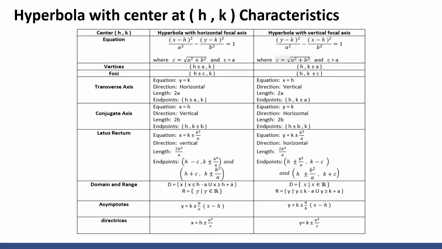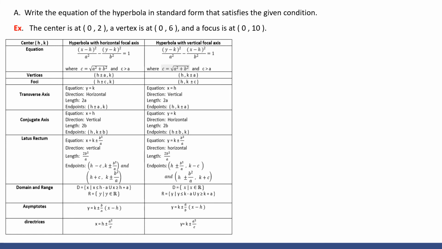At susundan lang ulit natin itong mga nakasulat dito for us to easily solve problems in hyperbola with center at h, k. Example, write the equation of the hyperbola in standard form that satisfies the given condition. Given, the center is at 0, 2, a vertex is at 0, 6, and a focus is at 0, 10. So kung i-analyze natin, ang given center ay 0, 2.